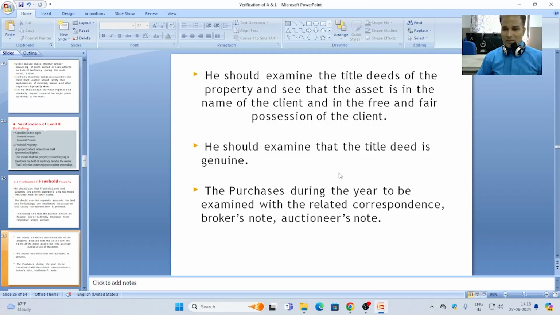The auditor should examine that the title deed is genuine and properly stamped. The purchase during the year is to be examined with the related correspondence, broker's note or auctioneer's note. The purchase and the sale of any part of building should also be verified with the cash book or bank.